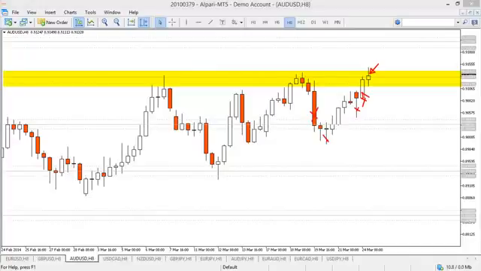Bobby, as a newbie, should I stick to one pair, but there are no setups for weeks? Should I move to another pair and look for a trade? I used to say stick to one pair. Back in 2007, 8, 9, 10, sticking to one pair was not very hard.